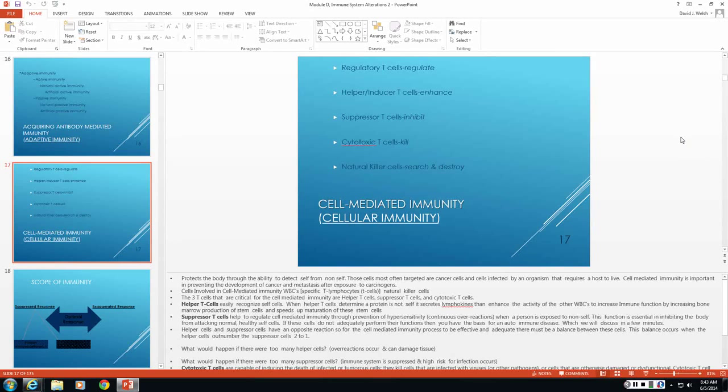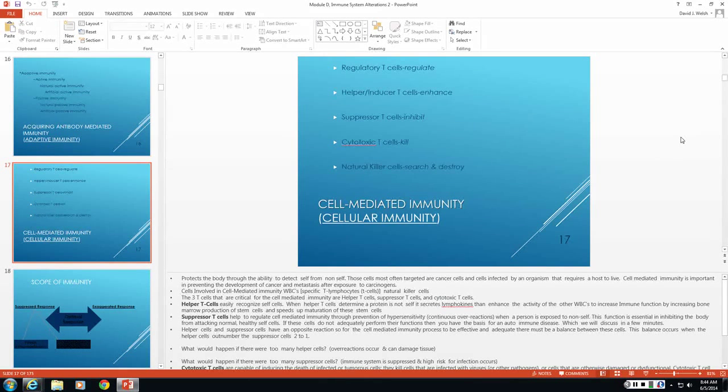When the helper T cell determines a protein is not self, it secretes lymphokines that enhance the activity of the other white blood cells to increase immune function by increasing bone marrow production of stem cells, and it speeds up the maturation of these stem cells.